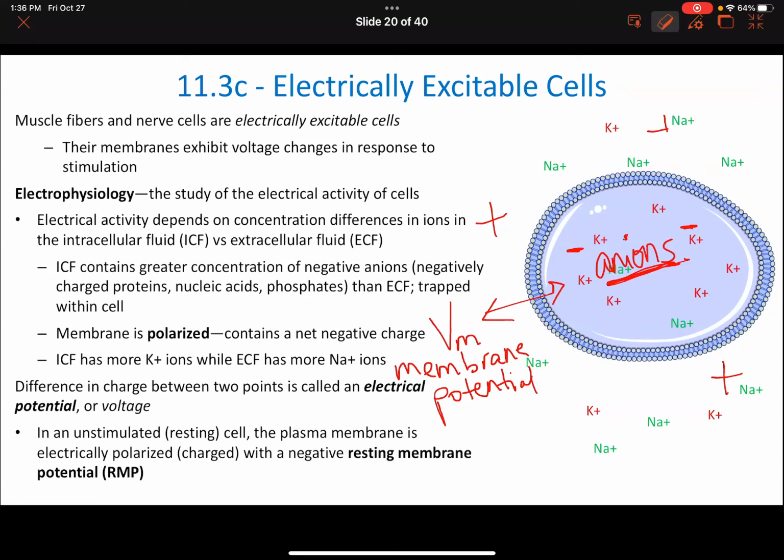So at resting membrane potential, we have no stimulation, no movement of ions, sodium or potassium. And so our resting membrane potential is net negative because of these negative anions. The resting membrane potential is usually around negative 65 millivolts, just to give you an idea and a starting point.